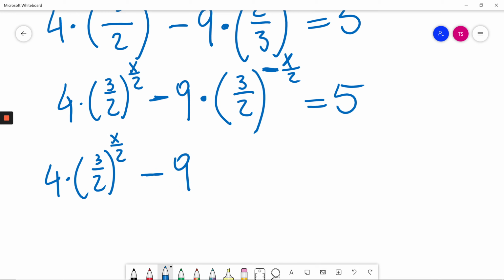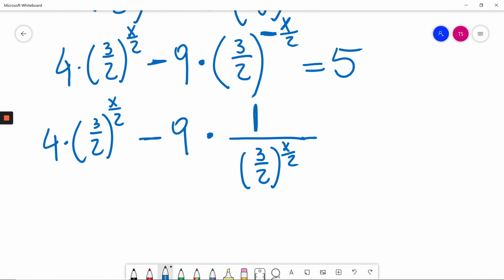Now slowly I can write 3 divided by 2 to the power of negative x divided by 2 as 1 over 3 divided by 2 to the power of x divided by 2. Just minus in power disappeared.